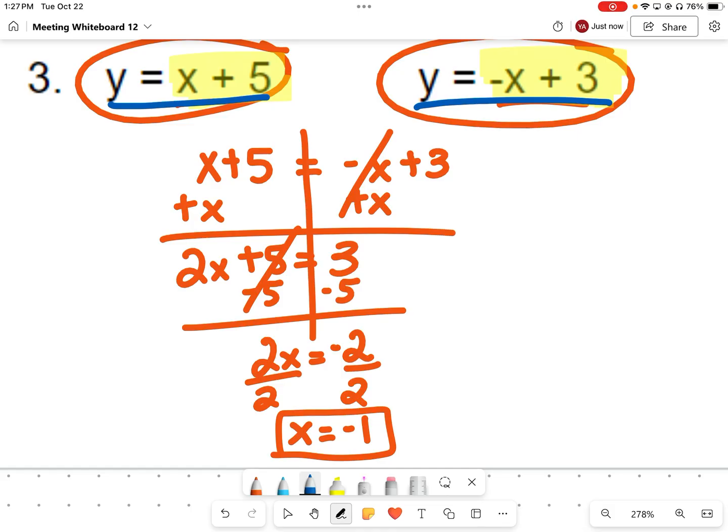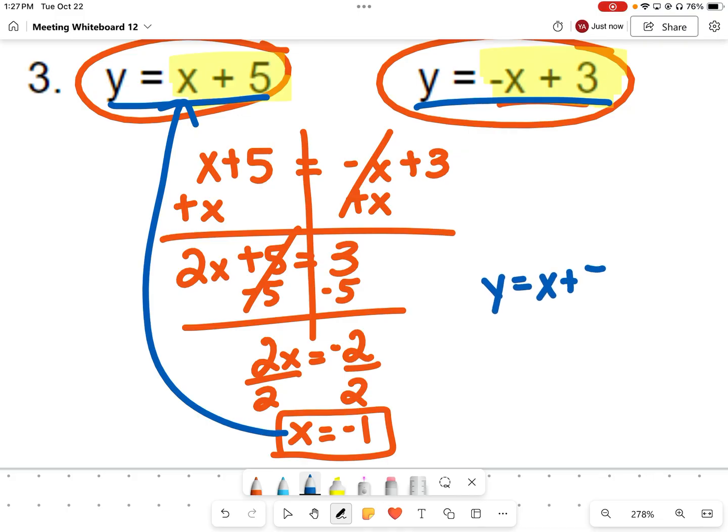So I want to plug this in, draw your arrow, for x. So we have y equals x plus 5. We're going to plug in negative 1 for x.